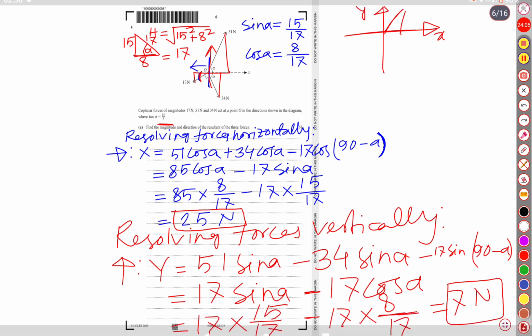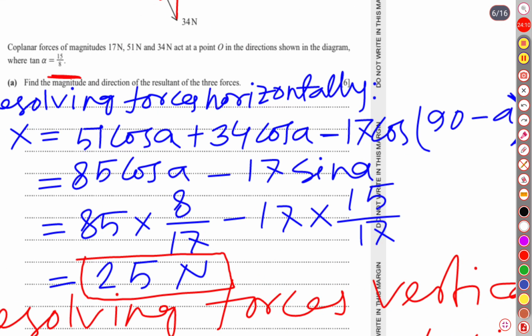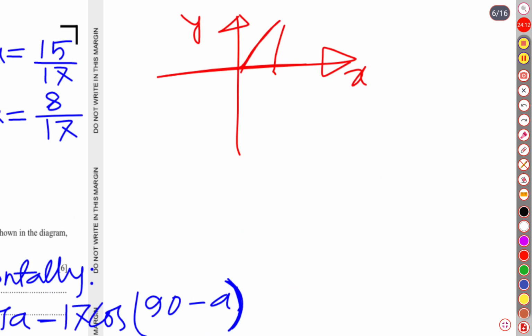This is our triangle. Let me draw the triangle a little better. Let me erase this. Okay, then this is our triangle.